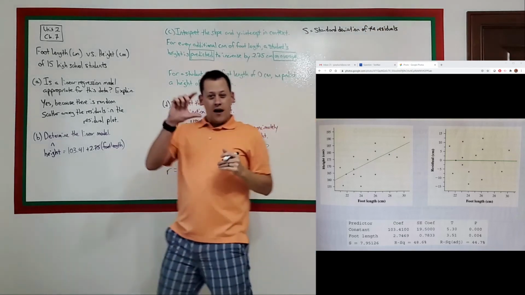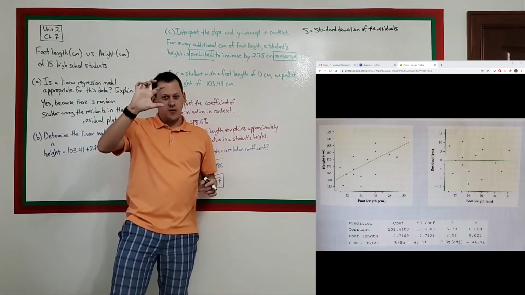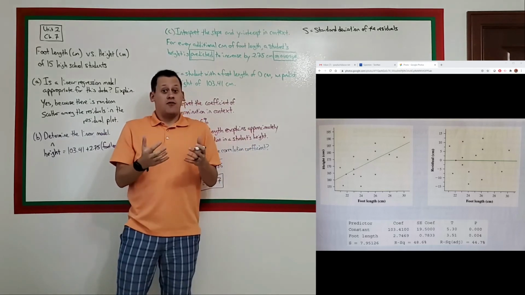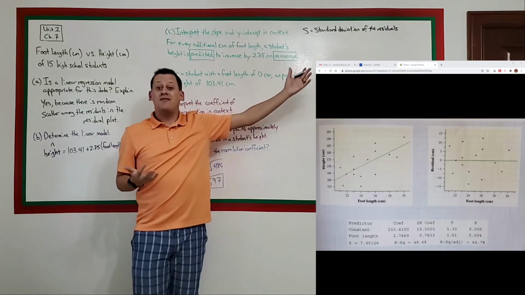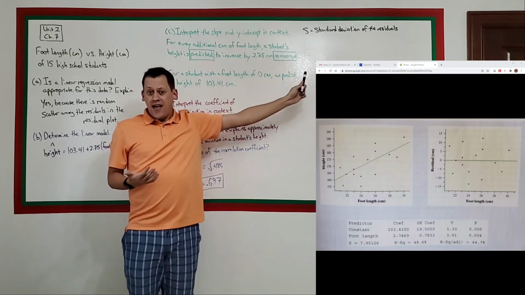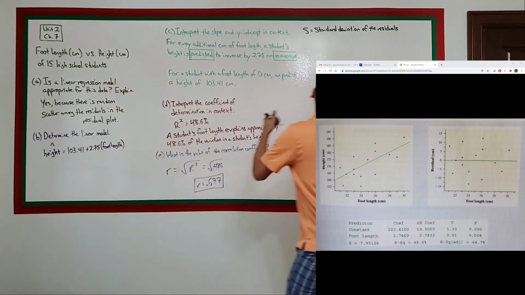Okay. Remember how we can calculate the residual for each of the points on that scatter plot by taking the vertical distance between the point and the line? Well, if we get the residual for every point, we can take the standard deviation of them. That is S.